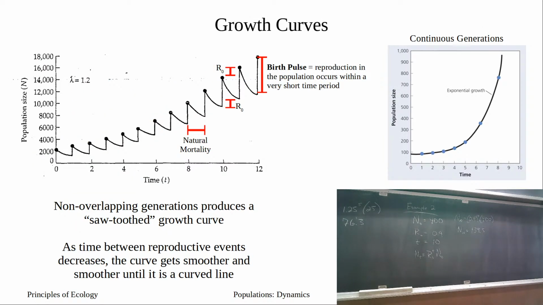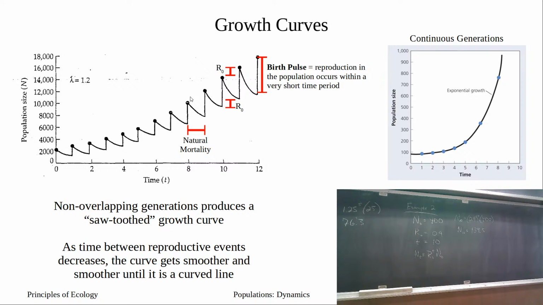So if we look at an actual population size graph, it's going to look something like this for our discrete generations. You've got jumps from a lower value to a higher value, and then you have gradual declines.